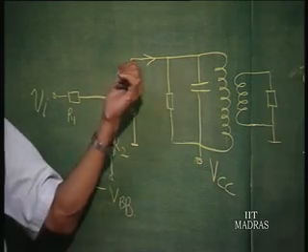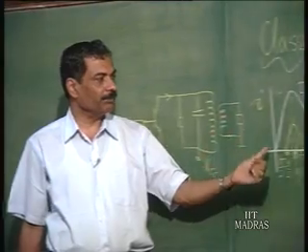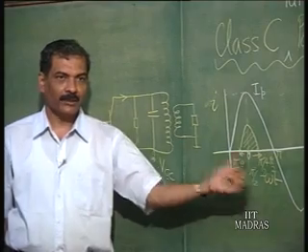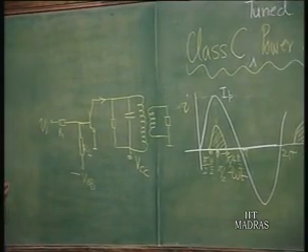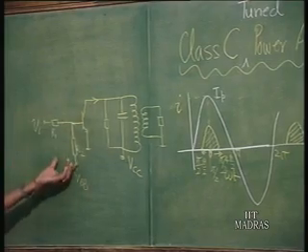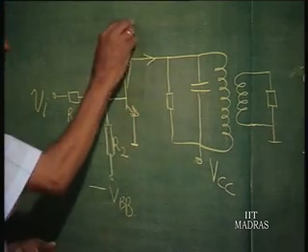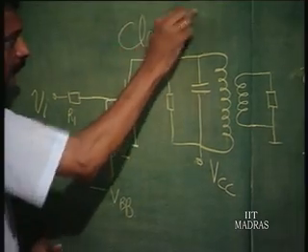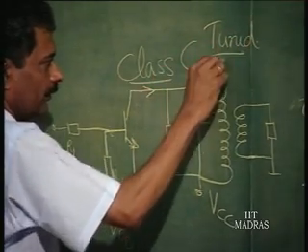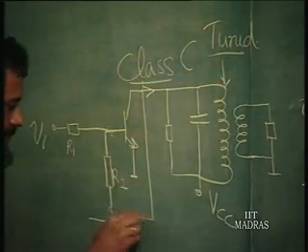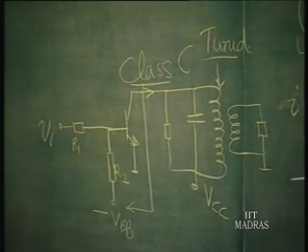So, beta times base current is also going to be part sinusoid. So, this much is the way how biasing is done for class C operation, tuned amplifier, tuned here. Class C means it is this, that is biasing.